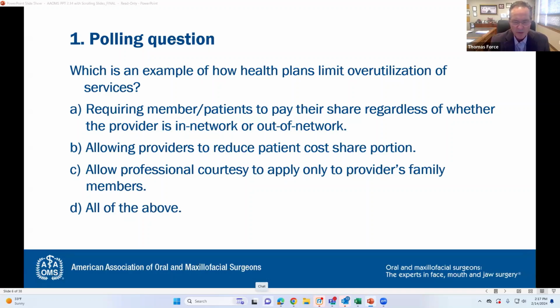B, allowing providers to reduce patient cost share portions. Remember, to limit overutilization, what do the carriers want to do? C, allow professional courtesy to apply only to providers' family members, or all of the above. Hopefully the answer will be pretty obvious in the next couple slides.